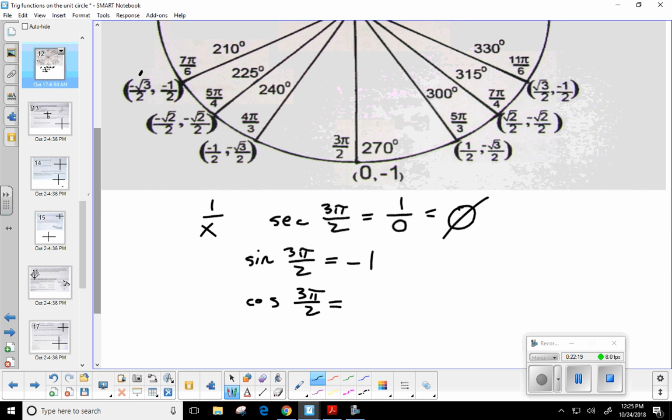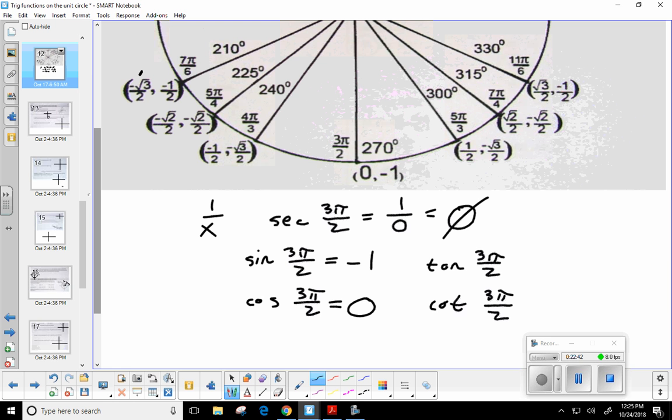Yeah, that's 0. Now, take about 30 seconds. Try the tangent of 3 pi over 2 and try the cotangent of 3 pi over 2. So we're evaluating the trig functions all at the exact same location.